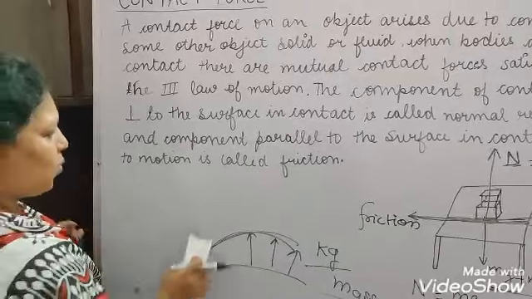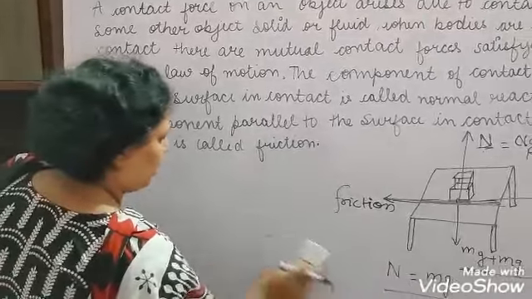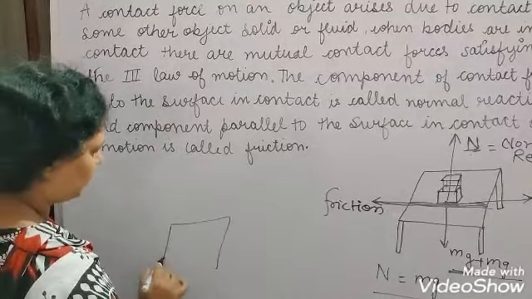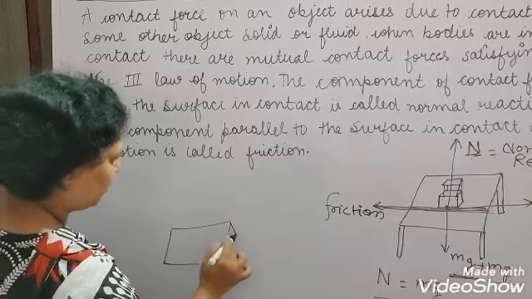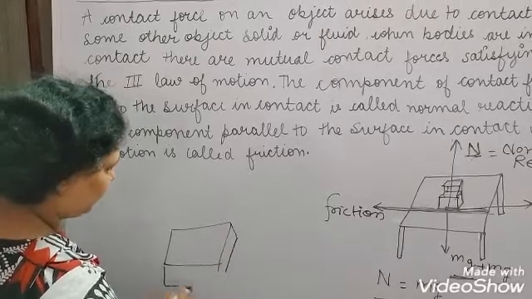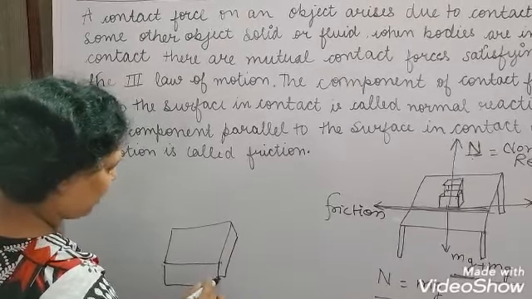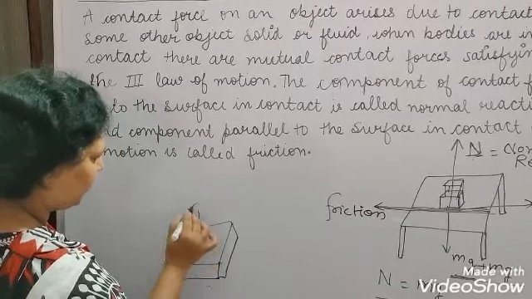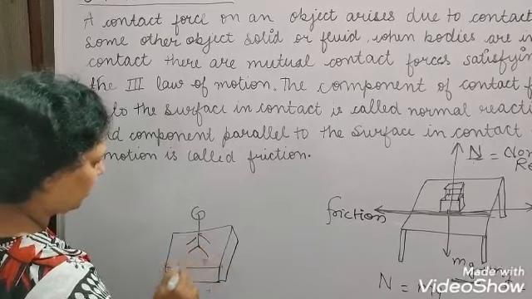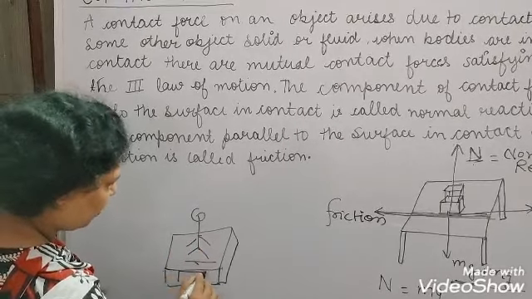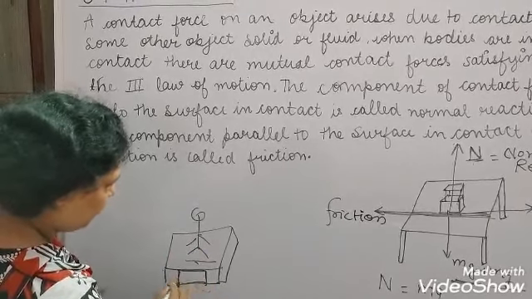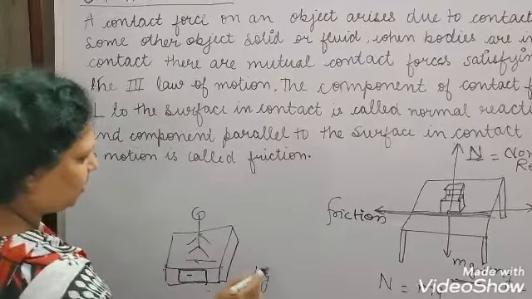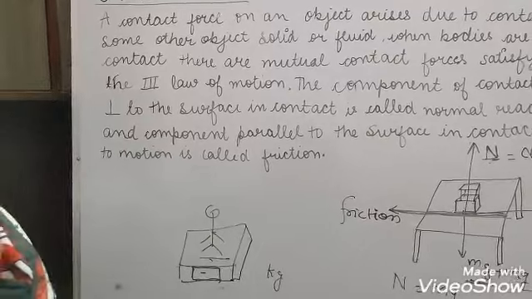Suppose this is a digital weighing machine, and a person is standing on that machine. A reading will come on this machine, indicated in kilograms, in decimals or whatever it is.